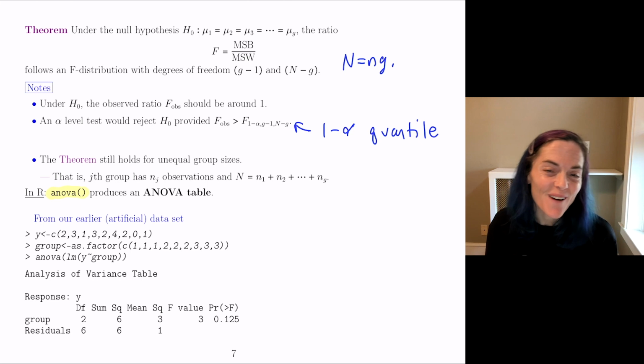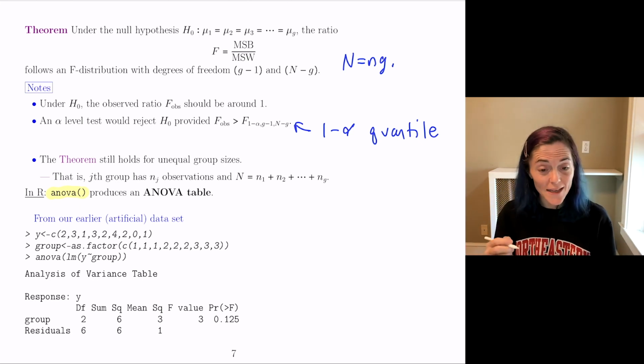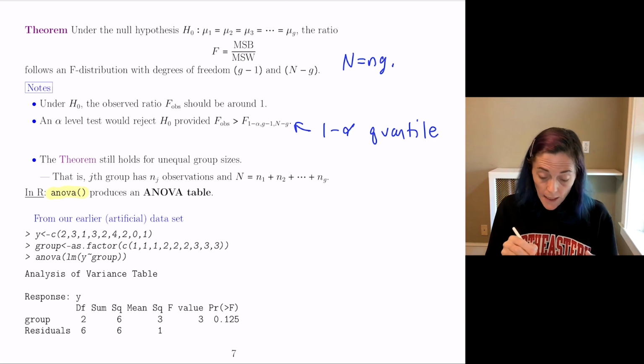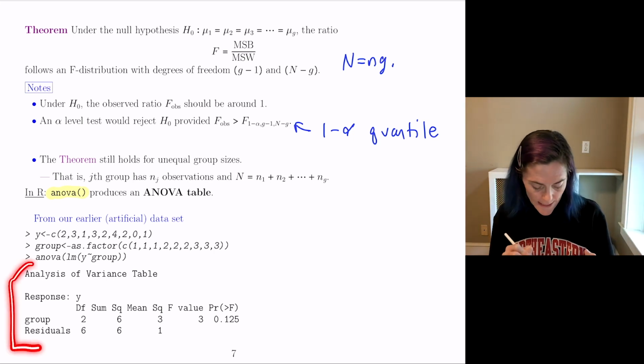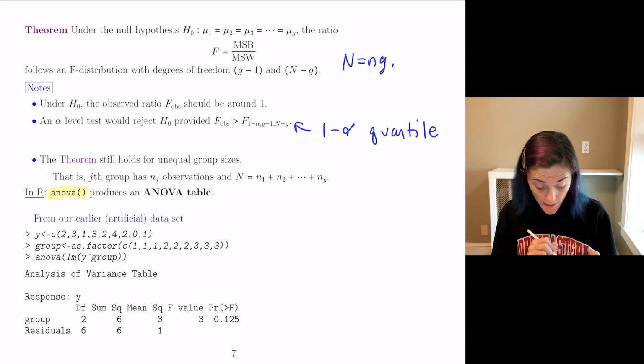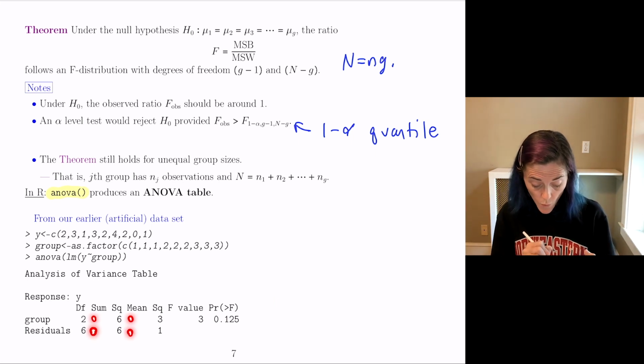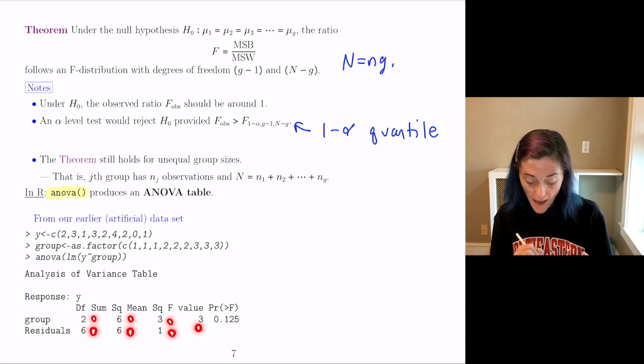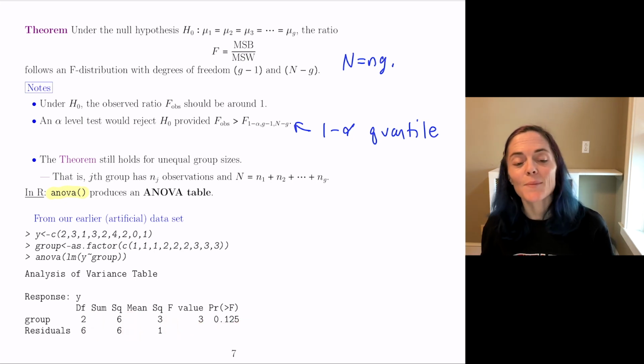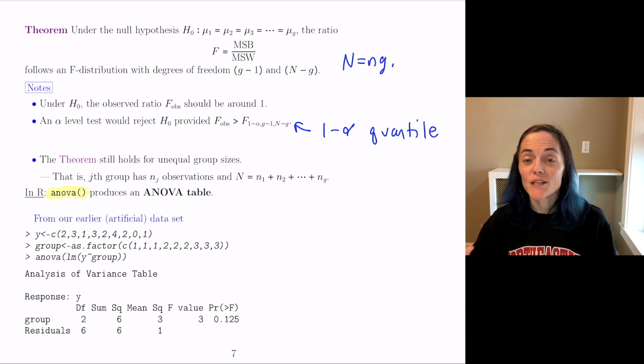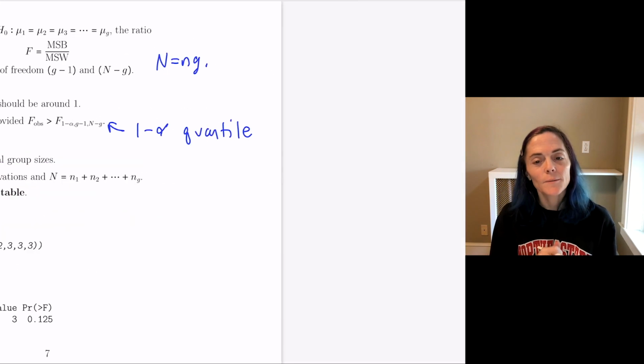I will talk about it more on the next page, but just to go back to our earlier artificial data set, we see the table that is output. We see the degrees of freedom, the sum of squares, the mean square, the F observed, and then the probability. But let's talk about this table in more generality right now.